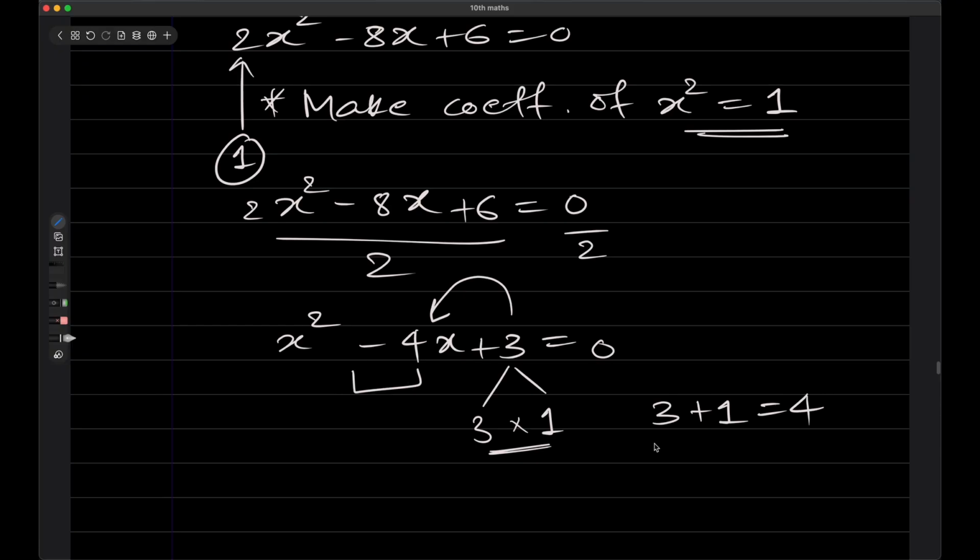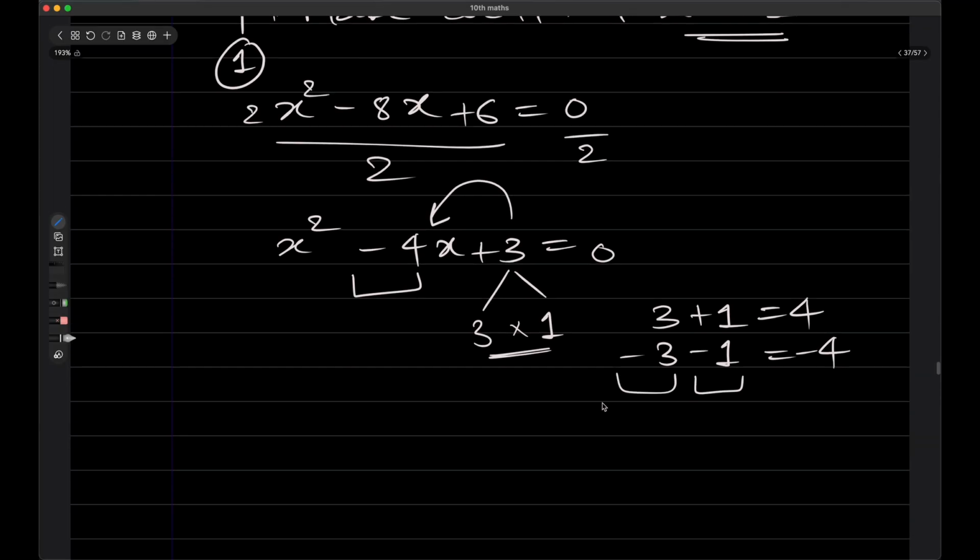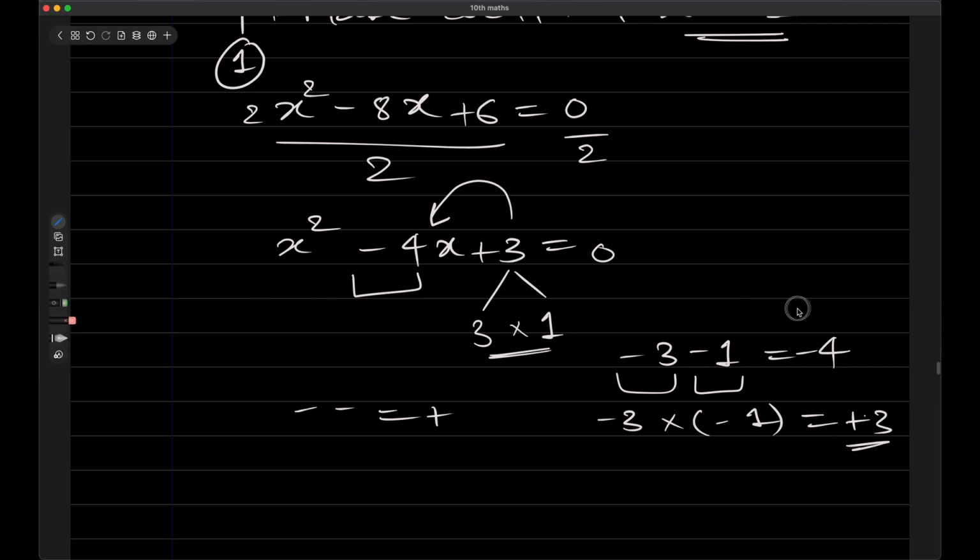And if we want minus 4, that is minus 3 minus 1, we get minus 4, and if we multiply minus 3 into minus 1, we get 3, that is minus into minus is plus, so we get plus 3. So if I factorize this equation, by multiplication I get the constant term, and by addition I get the coefficient of x.